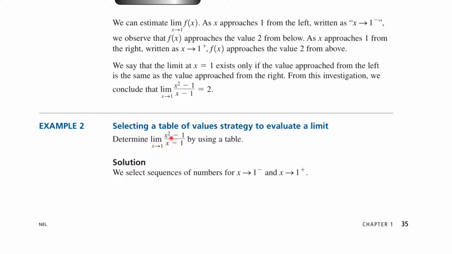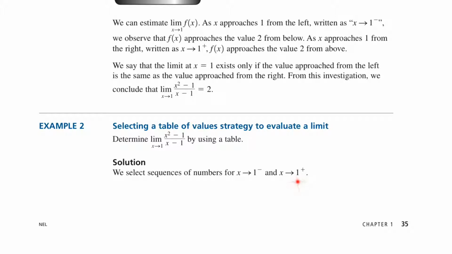Determine the limit of (x² minus 1) over (x minus 1) by using a table of values. The first step is setting up a table. We select a sequence of numbers for x approaching 1 from the left side. That means x is getting close to 1 and it is smaller than 1.